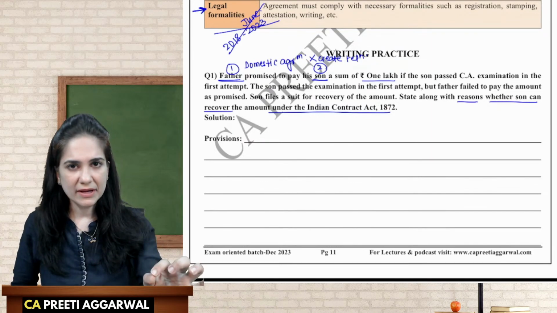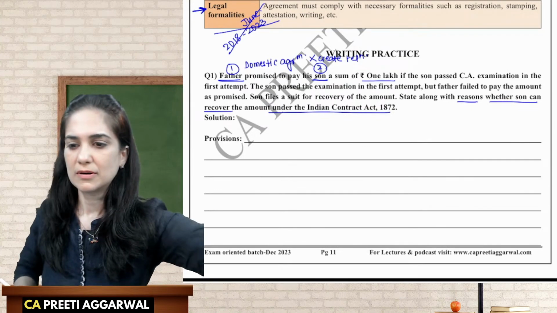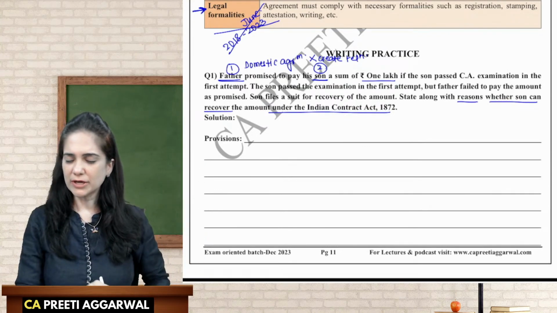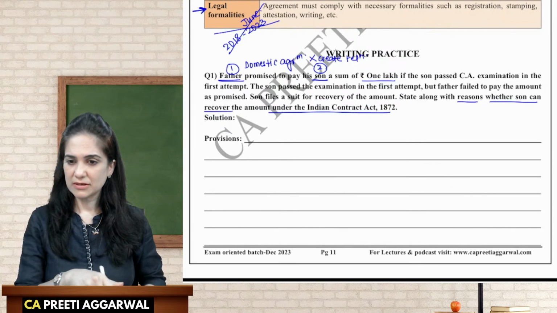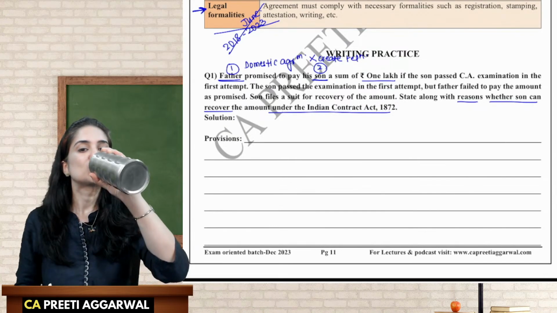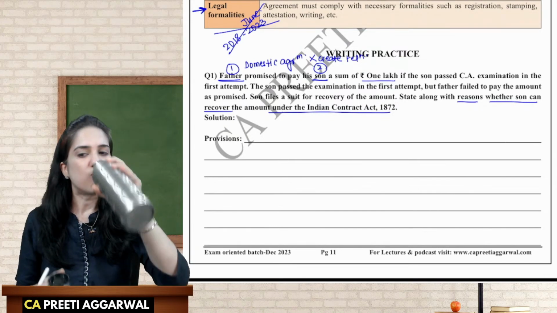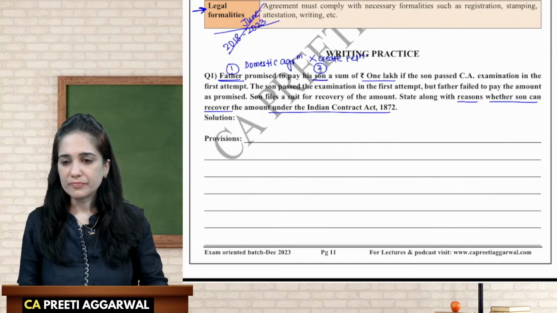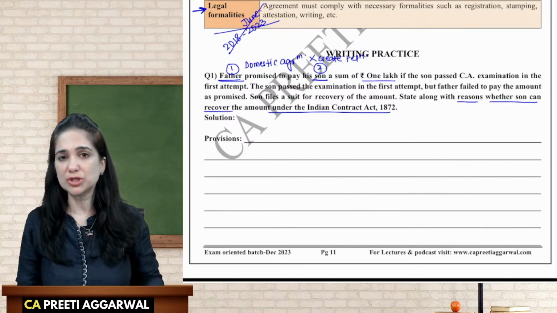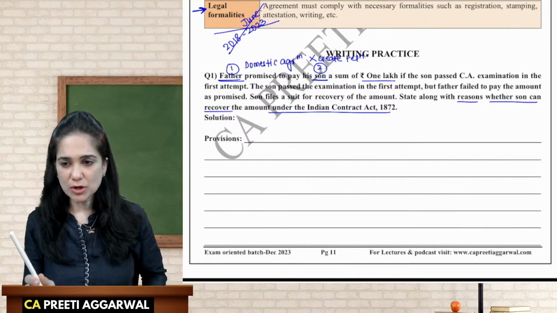Your answer should be based on which one provision? It's void. It's not even a contract. It's just an agreement. What is the main point on which this entire question is based? You will not get marks for writing that it's not a written agreement.